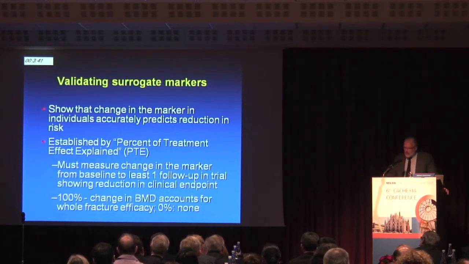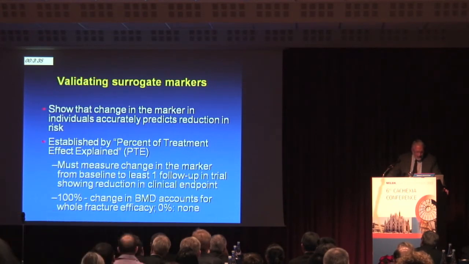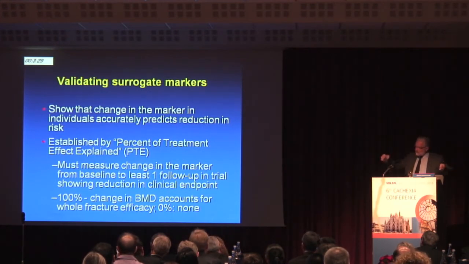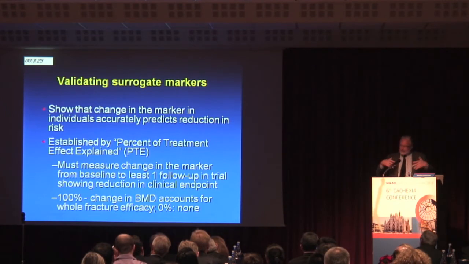In order to validate surrogate markers, this is important for all trials that you'll design for clinical endpoints, you have to show that change in the marker in individuals accurately predicts the reduction in risk of fracture. And this is done with the percent treatment explained.